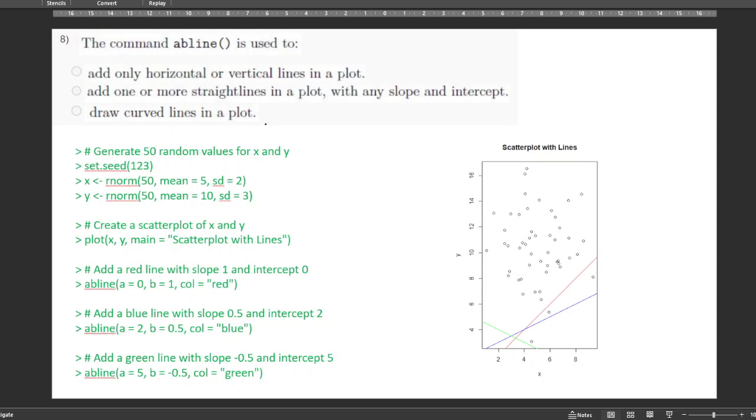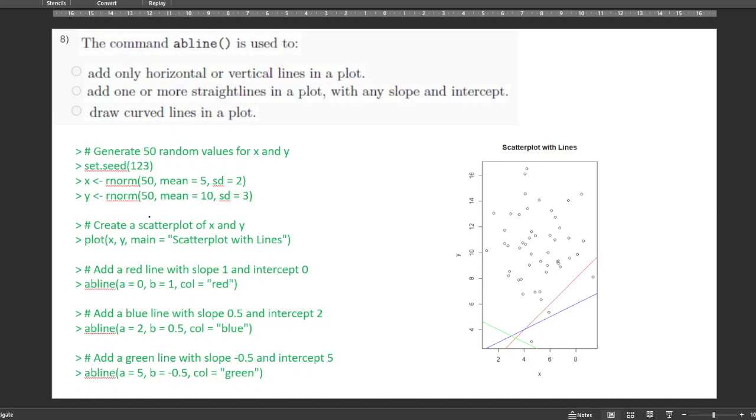Here I have generated a scatter plot with multiple lines. First, I generate random values of x and y. set.seed 123, again the same thing. The x value should contain a random normal distribution of 50 data points with mean 5 and standard deviation 2.